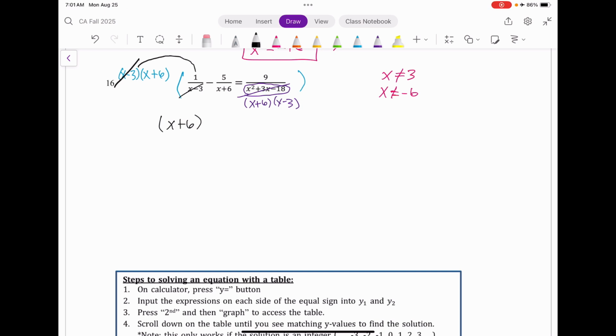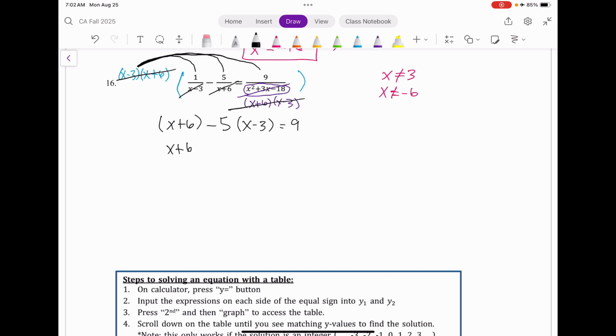All right, and then we'll distribute those same two factors to the middle fraction. So it'll be minus, the x plus 6 cancels, minus 5 times x minus 3. All right, and then lastly, those two factors being multiplied to that last fraction will just completely cancel out the denominator, just leaving 9.